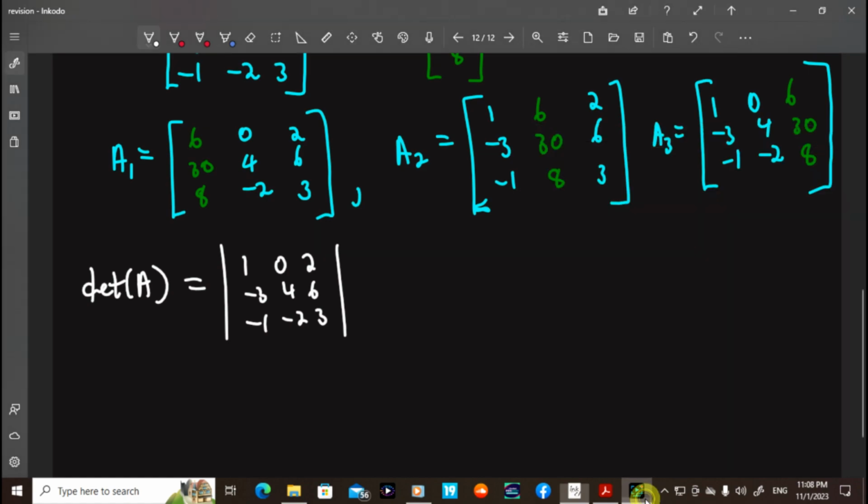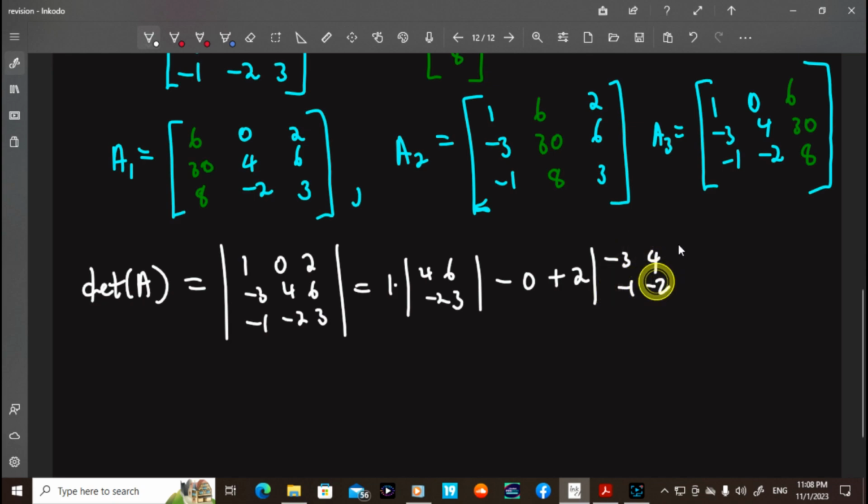So this 1 multiplied by, if I block this row and column, I will have 4, 6, -2 and 3, minus 0, plus 2 into, if I block this column and row, -3, 4, -1, -2.